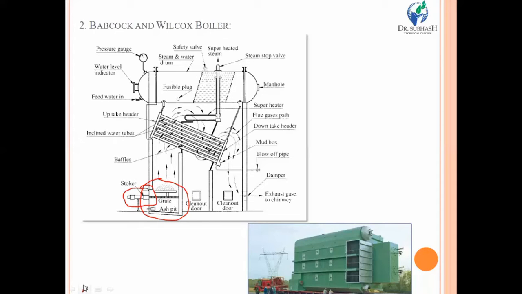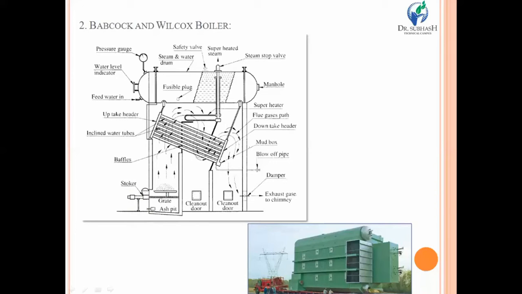That is why the stoker is used here, because this Babcock and Wilcox boiler is generally a high pressure boiler, and it requires a large quantity of coal to be burned. So here, a stoker mechanism automatically feeds the required amount of coal that is to be burned. We are using the stoker for that.